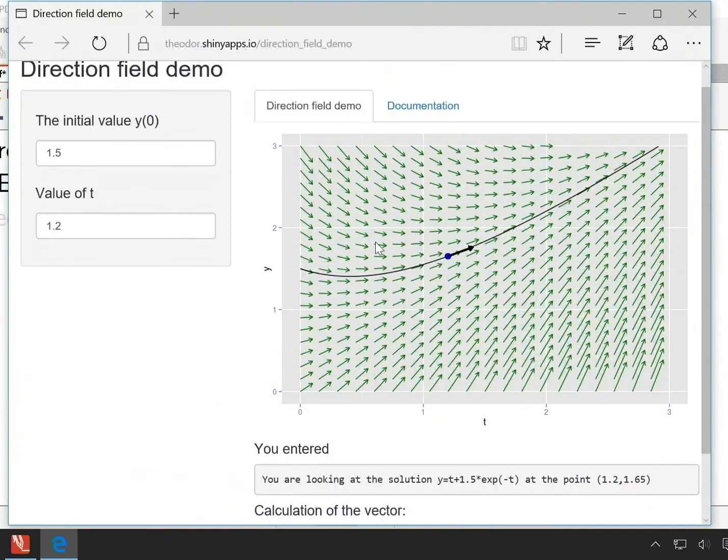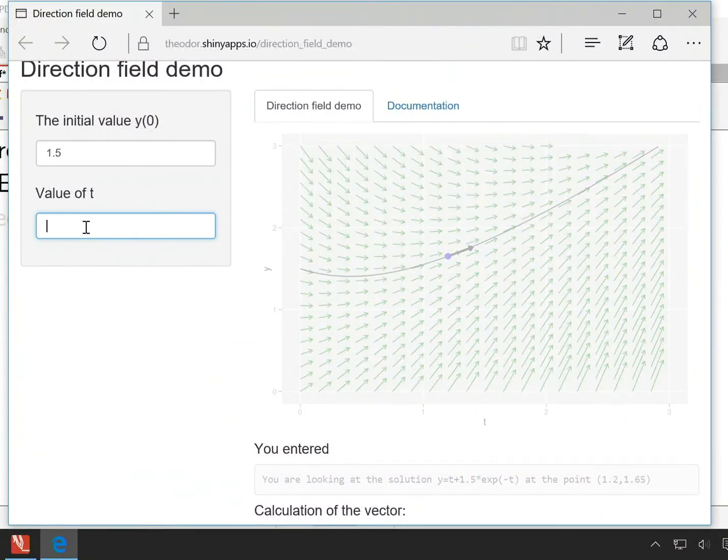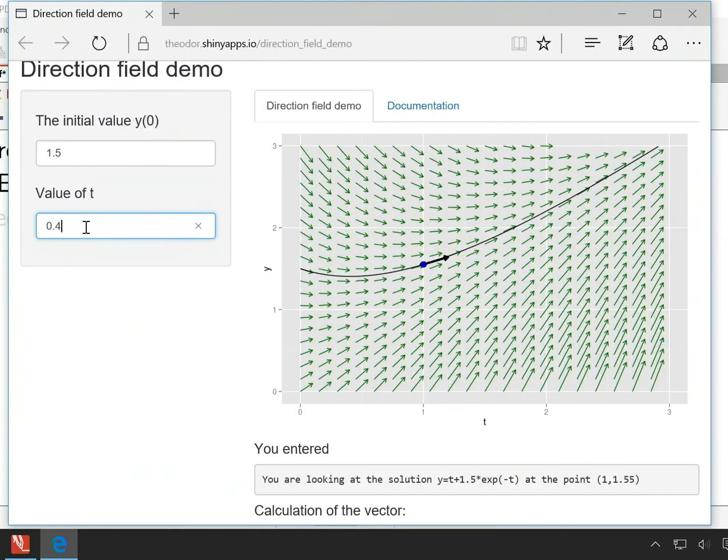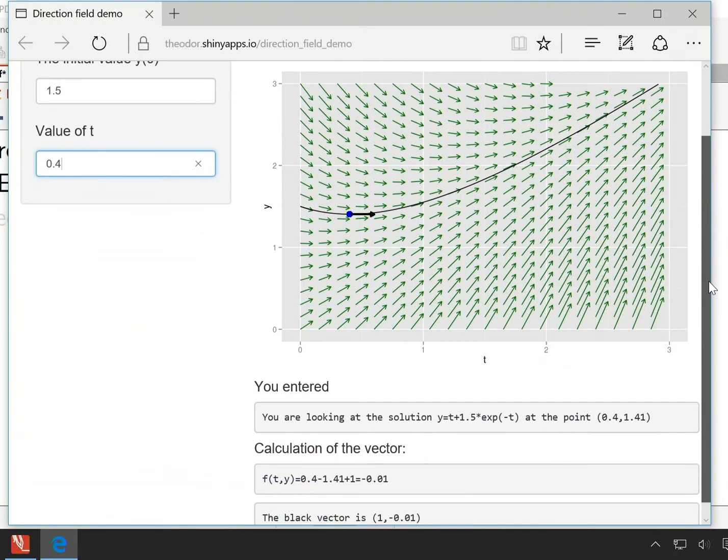But if, say, you try to find the value of t somewhere here, so let's say 0.4, it's going to be almost horizontal, right? Now it found the value of y, so that the blue point sits on the black curve.